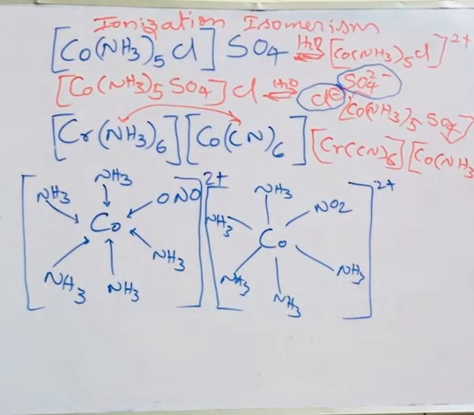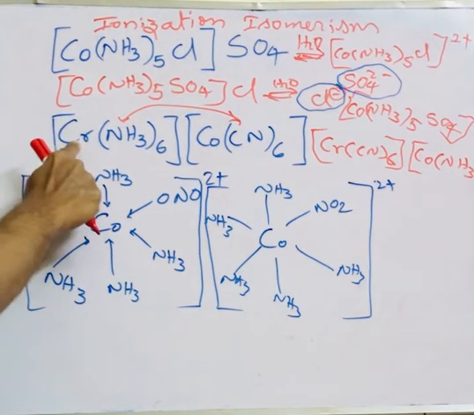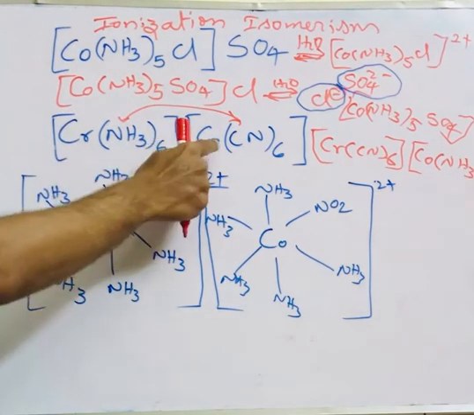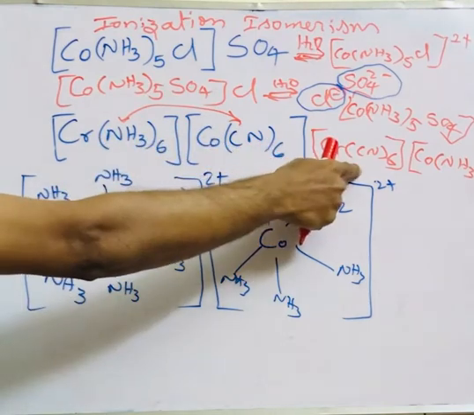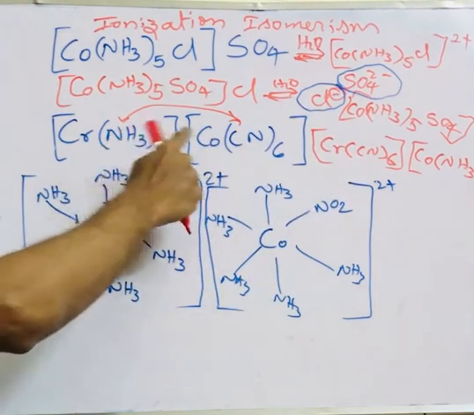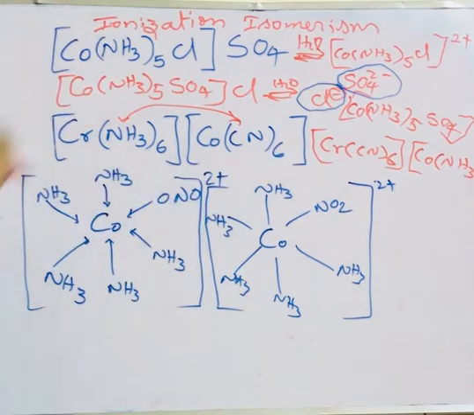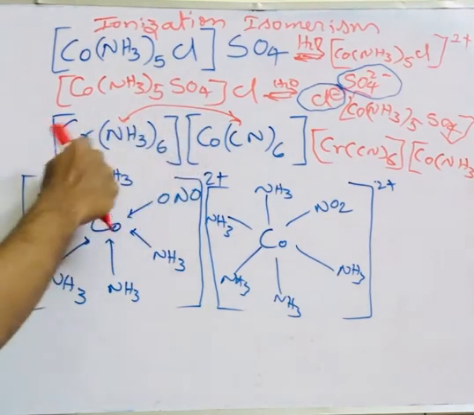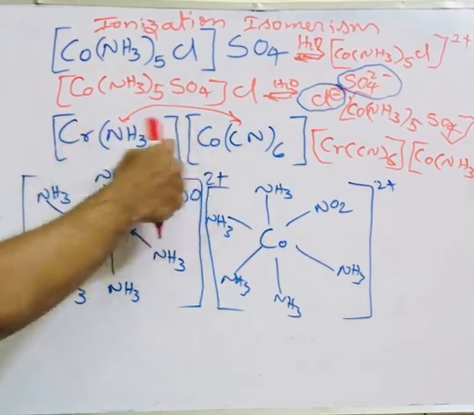So if you can see, what happened, chromium previously having amine ligands, now it is having cyanide ligands. Here cobalt was having cyanide ligands, now it is having amine ligands. So the ligands are interchanged between the metal ions, between the complex ions.